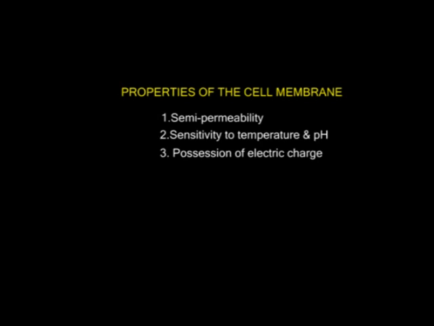Possession of electric charge. A membrane has both positive and negative charges. These affect the manner in which substances are moved in and out of the cell. This property also helps the cell to detect changes in the environment.